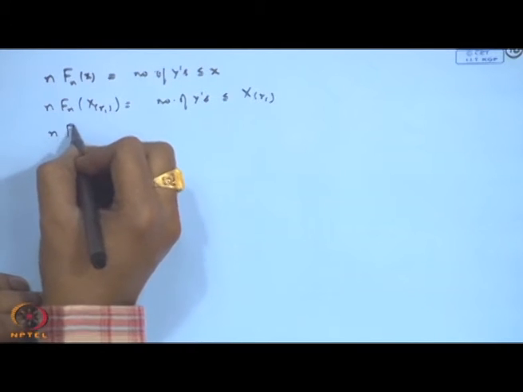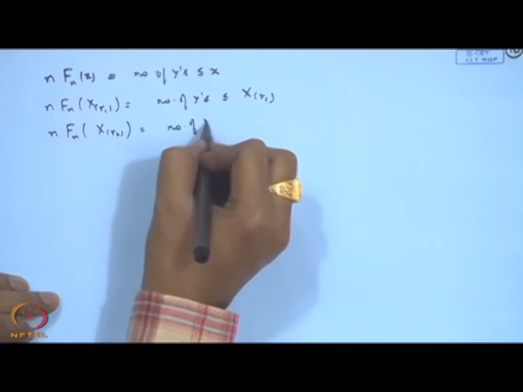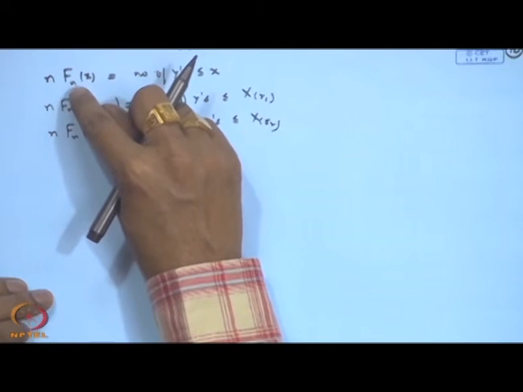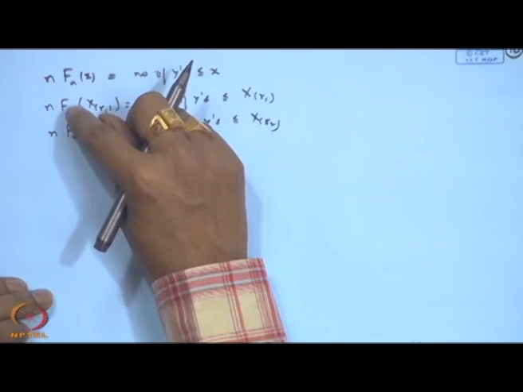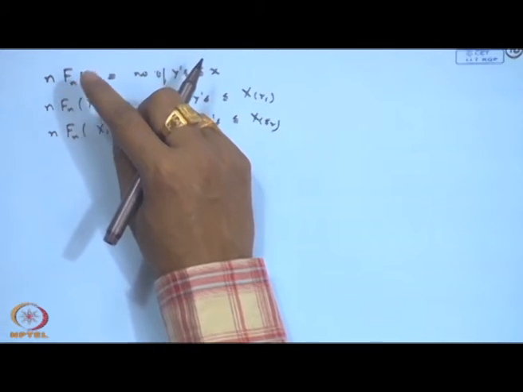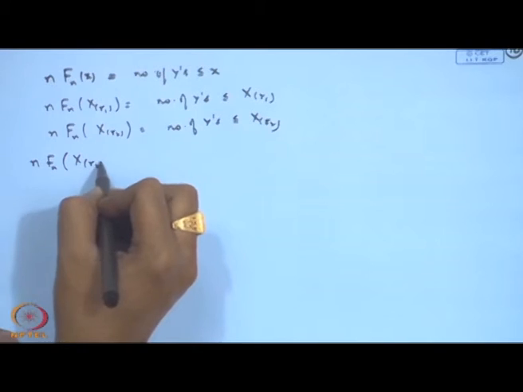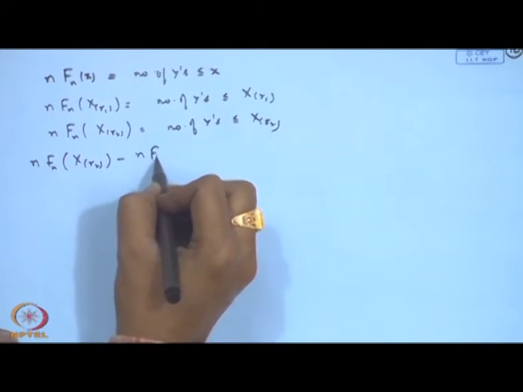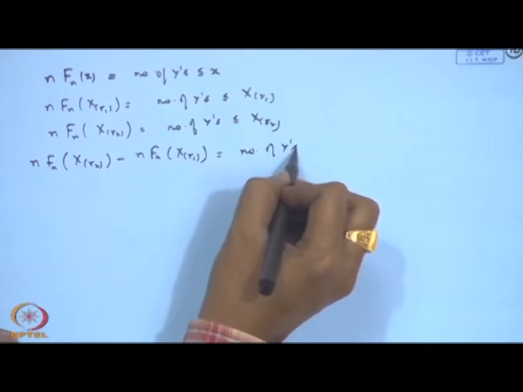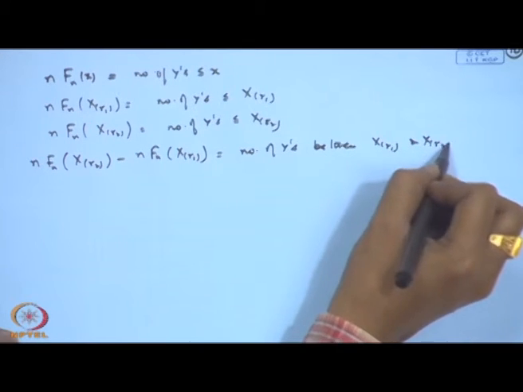Then we can also consider n times F n of x R 2, that is equal to the number of y's less than or equal to x R 2. So, here F n is now denoting the empirical distribution function based on the second sample rather than the first sample. So, n times F n x R 2 minus n times F n x R 1 is the number of y's between x R 1 and x R 2.